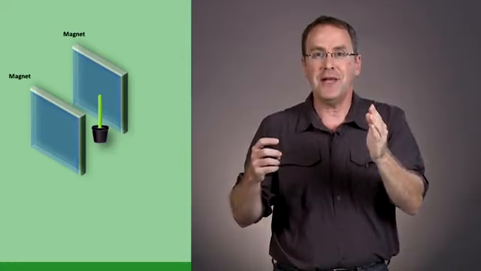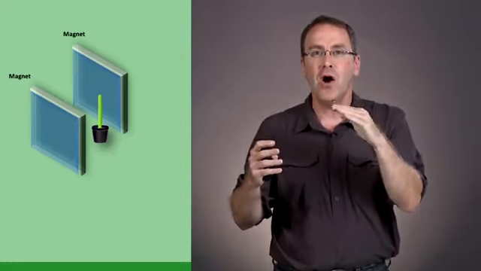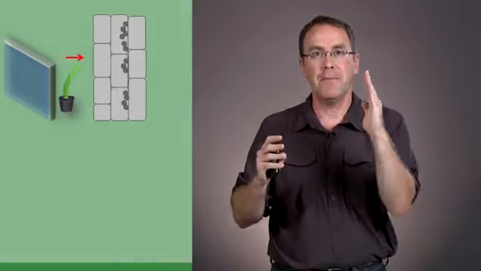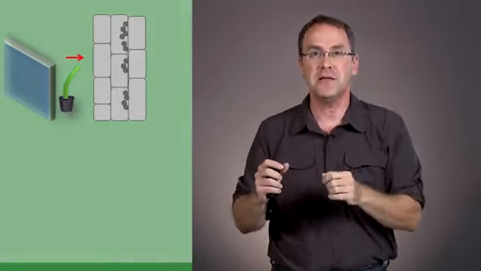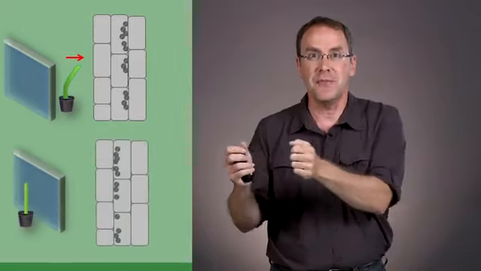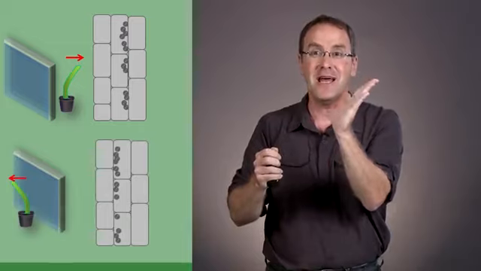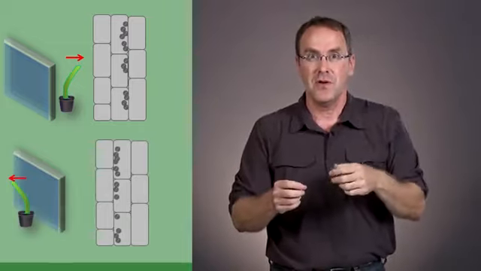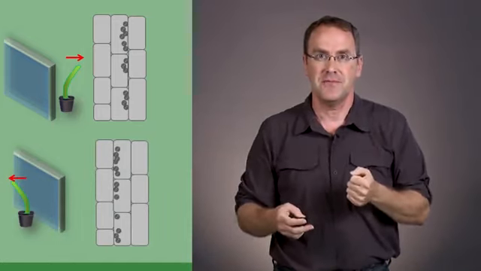And what ended up happening is that the shoot would then bend according to where the amyloplasts are. If the amyloplasts were on the right side of the cell, the whole seedling bent to the right. If the magnet was reversed and the amyloplasts were on the left side of the cell, the seedling bent to the left. In other words, the direction of the bending correlated with the position of the amyloplasts.